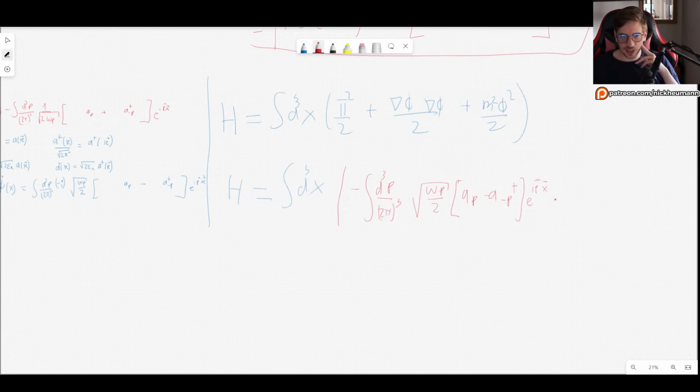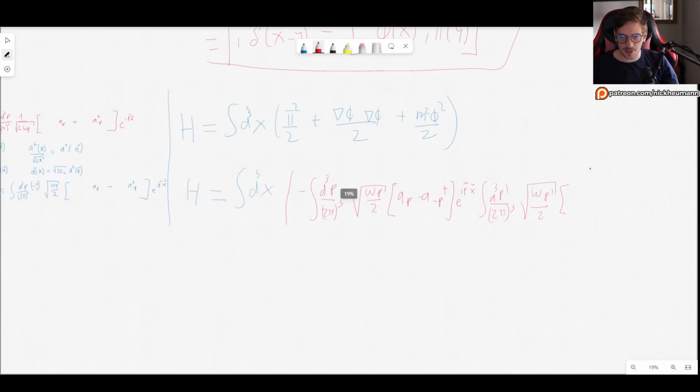So that means we now multiply by the integral of d³p′ over 2π cubed, and then we have the square root of ω p′ over 2, and then we have a p′ minus a of minus p′ dagger, and then e to the i p′ x.